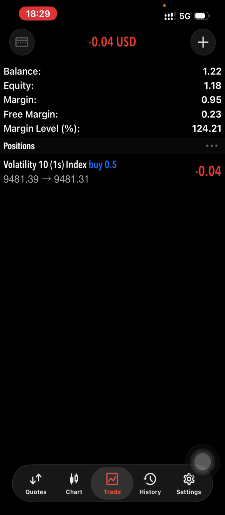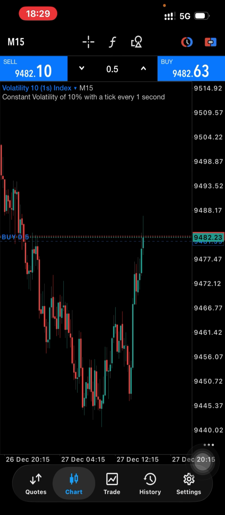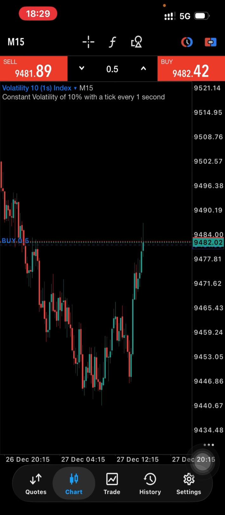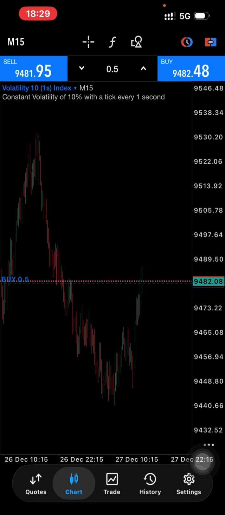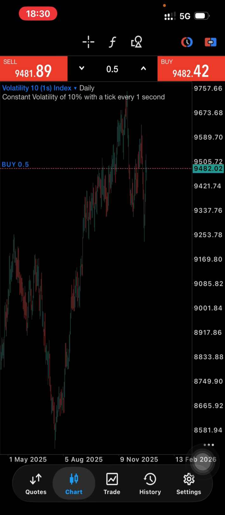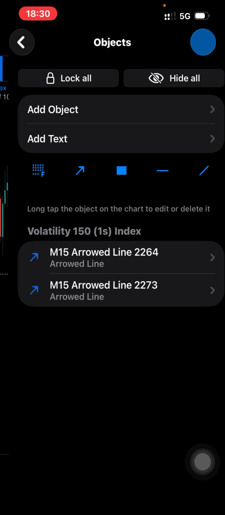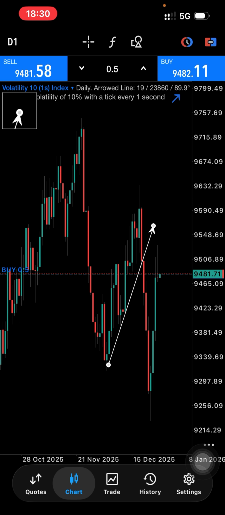So right now we've entered a trade here on volatility 10 1 second. So let's just visit the charts and look at the reasons behind my buying. So the reason why I bought here is, if we look at a higher time frame, we have completed our overall pattern.